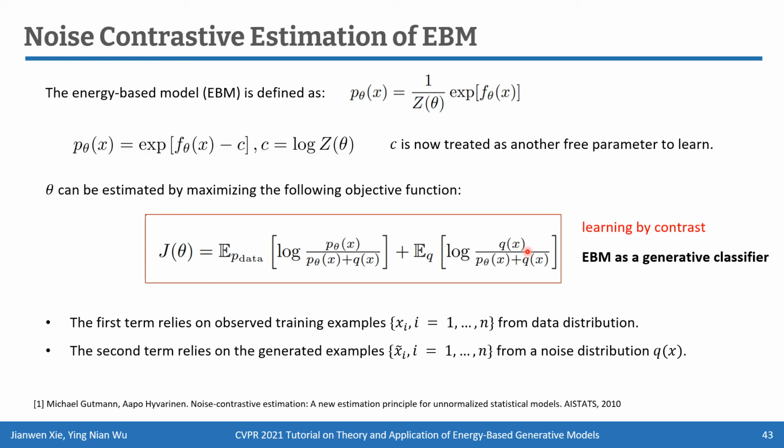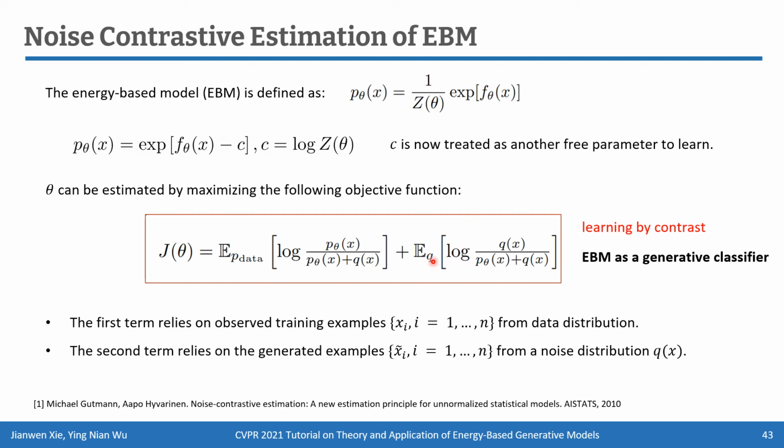Following the idea that EBM can be considered a generative classifier, we turn the learning of EBM into a discriminative or classification task, where we maximize the following objective function. This is an expectation with respect to P data, which can be approximated by averaging over observed training examples.